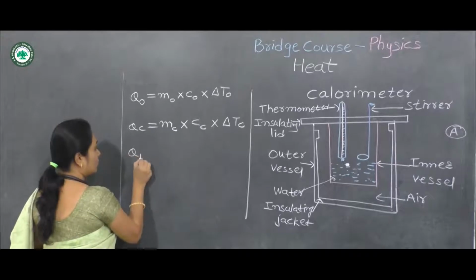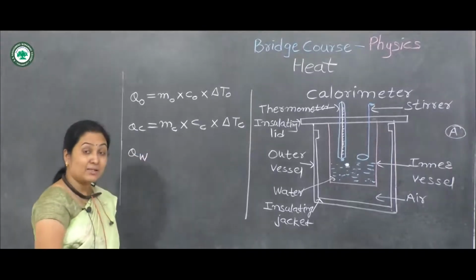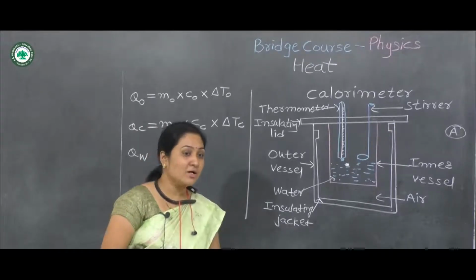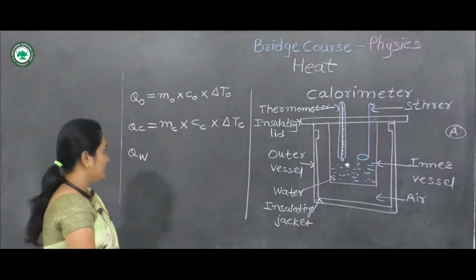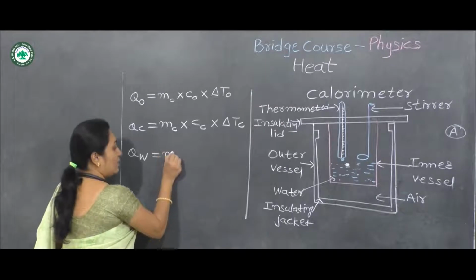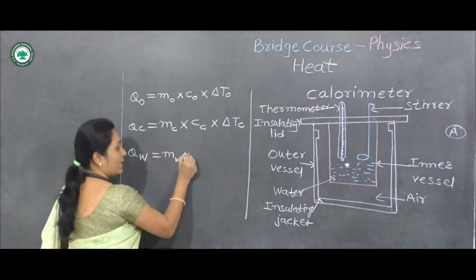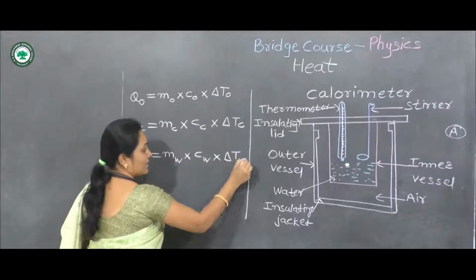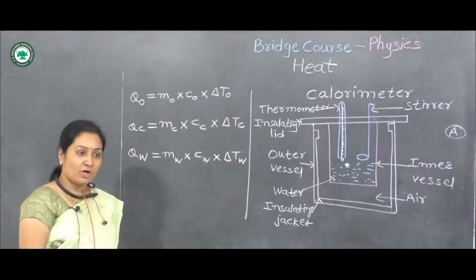Similarly, QW, the amount of heat absorbed by the water, is equal to mass of water multiplied by specific heat of water multiplied by change in temperature of water.